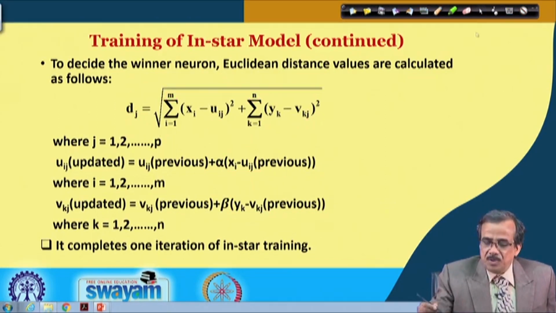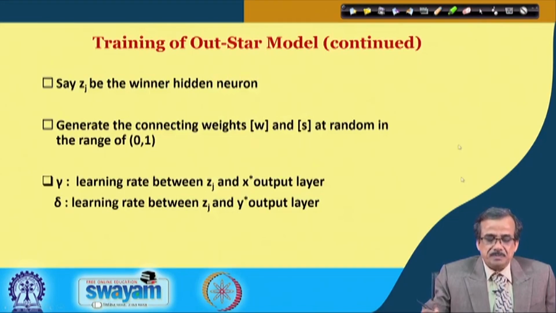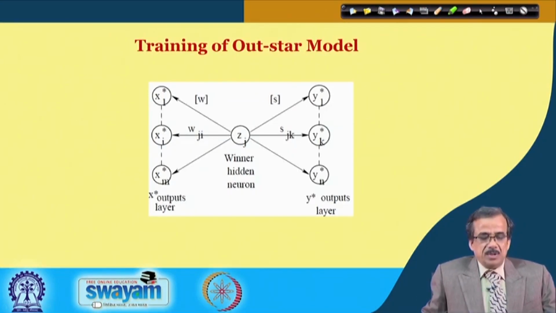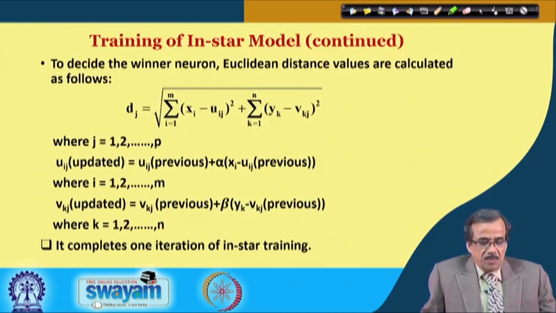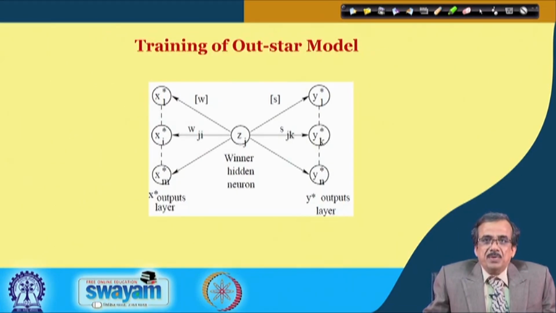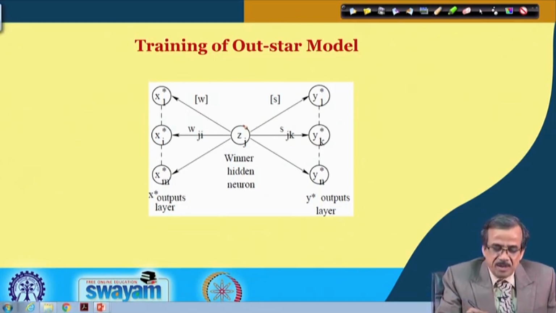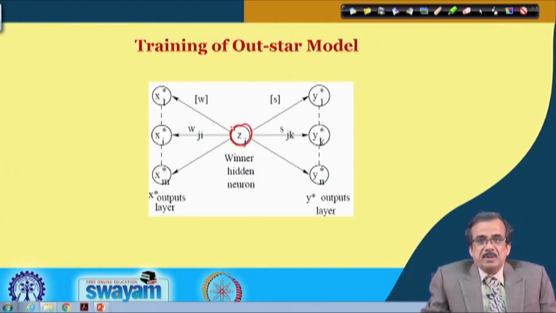Now, actually we will have to go for some sort of the OUTSTAR model. Now, if you see, the OUTSTAR model will look like this, and as I told, we have already got the winner, supposing that z j is nothing but the winner, and this particular winner is lying on the hidden layer.